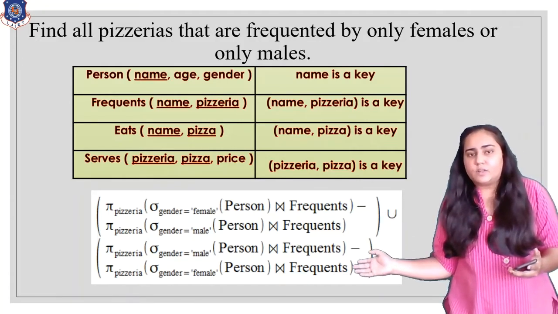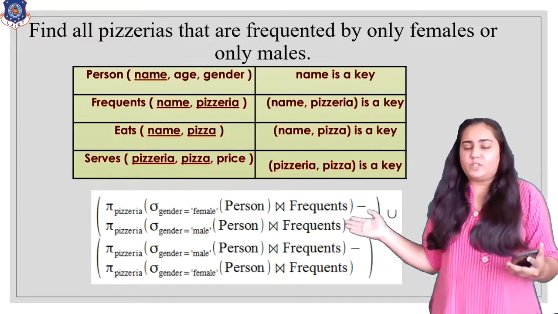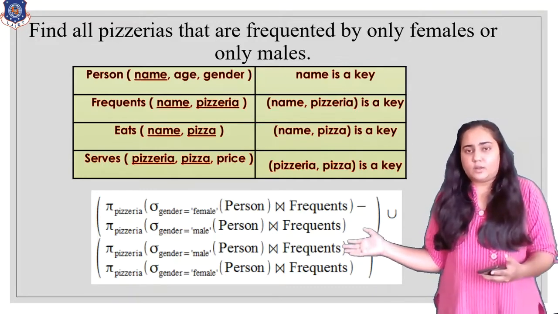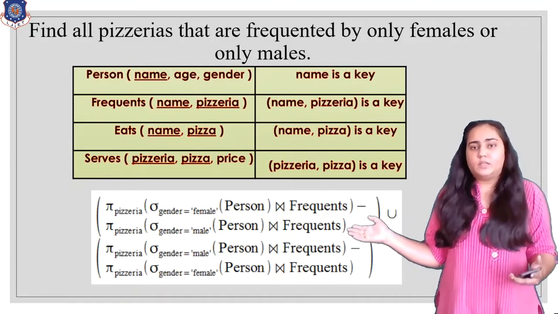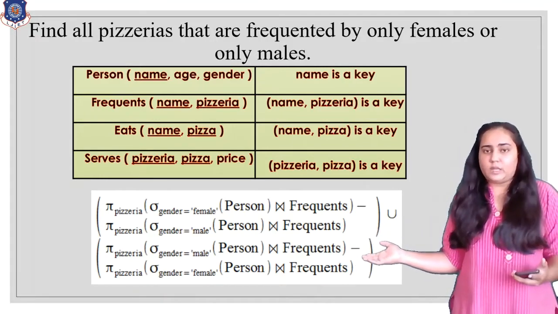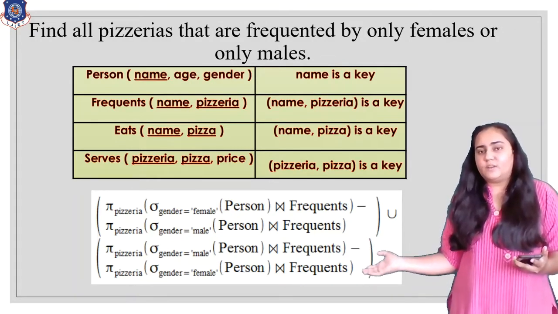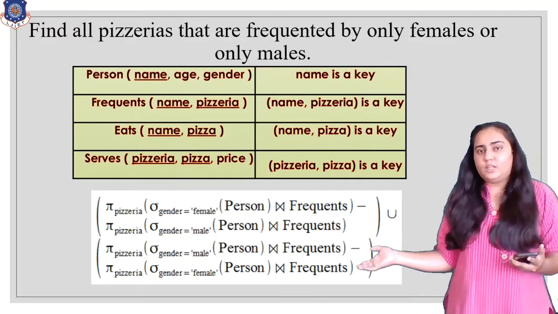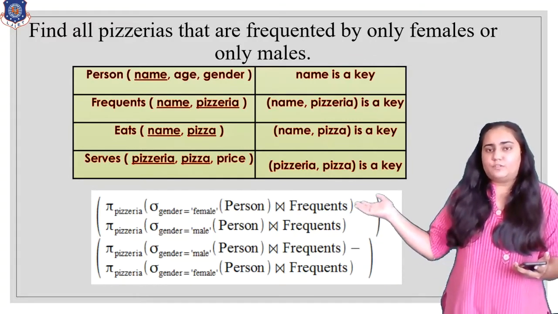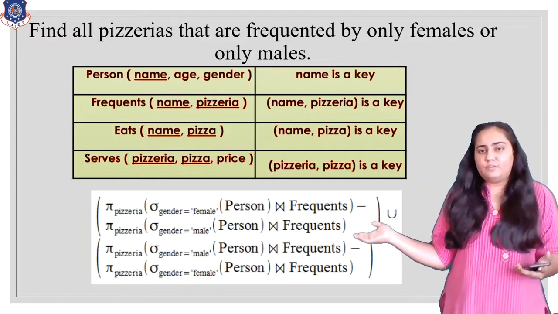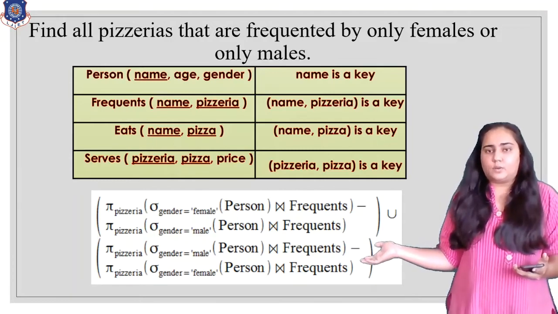Now the last two queries are where first I'm fetching all the pizzerias where males are going, which of course does not ensure that females do not go there. So that's why I'm subtracting from there all the pizzerias where females are going. So these two queries and the set difference together will give me all the pizzerias where only males are going.